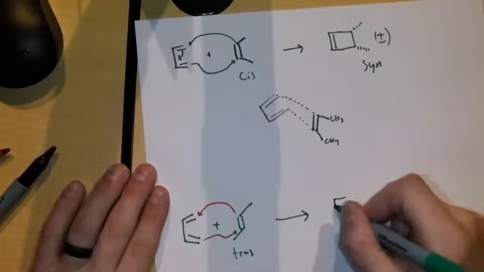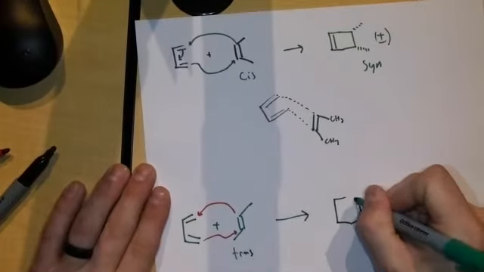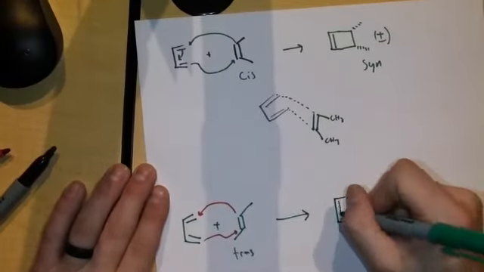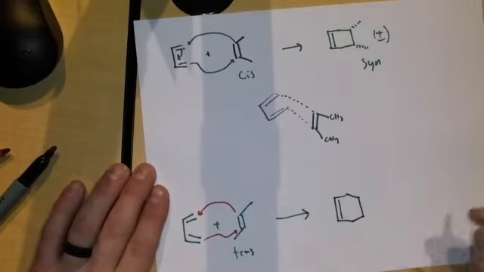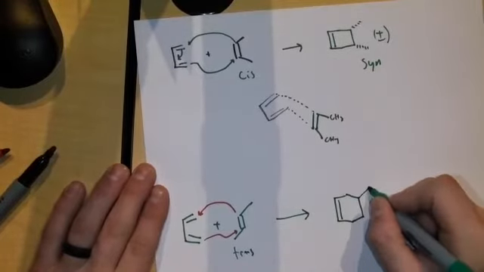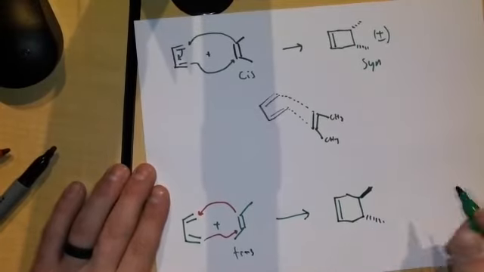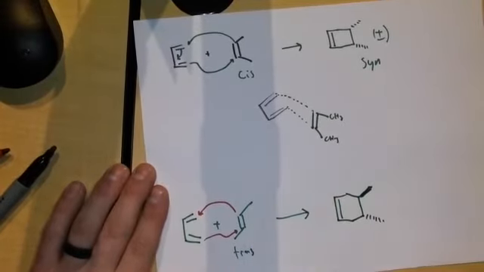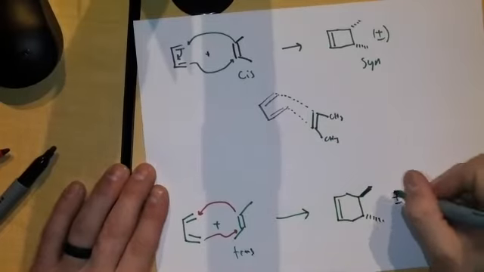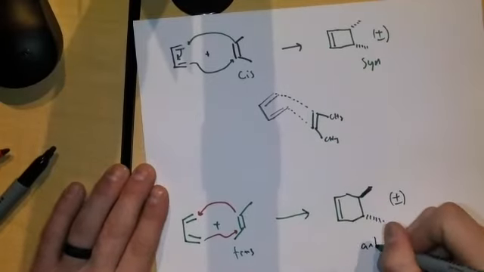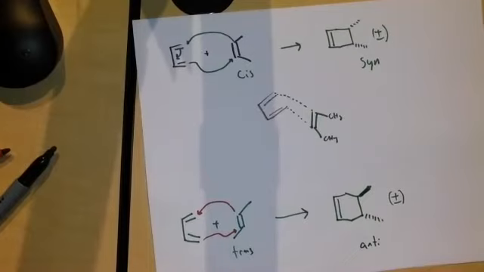So it's going to make a 6-membered ring. Now these are going to keep that configuration where they're on opposite sides. And this is going to lead to your anti product.